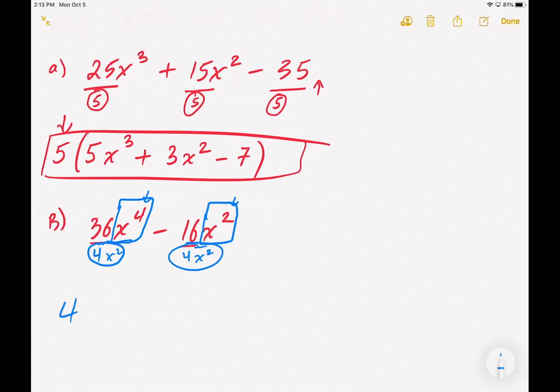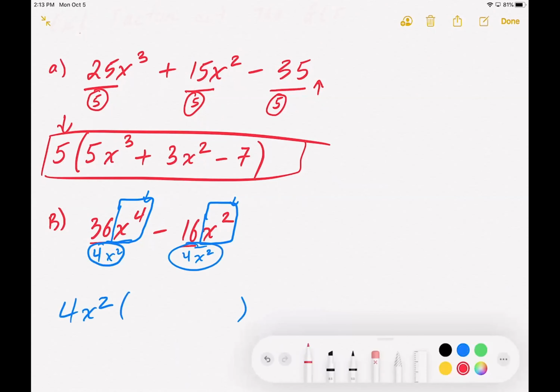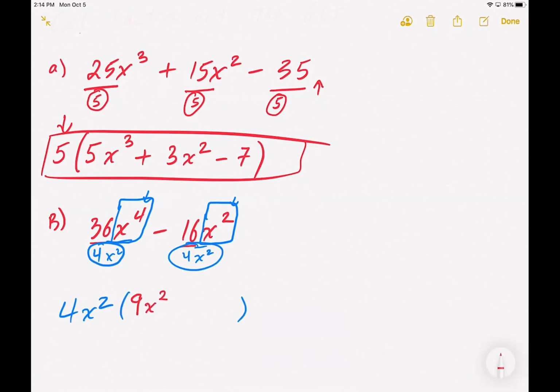We bring the 4x squared to the outside, and whatever is left over is in my parentheses. What is the leftover? 36 is 9 times. If I took out 2 of the x, how many x do I have left? 4 minus 2, I still have 2 left.